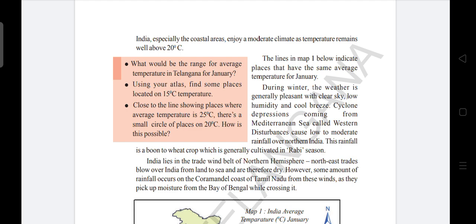This rainfall is a boon for wheat crop, which means it is with the rains only that we can grow the crops. As this rain falls, it acts as a boon to wheat crop, which is generally cultivated in Rabi season.